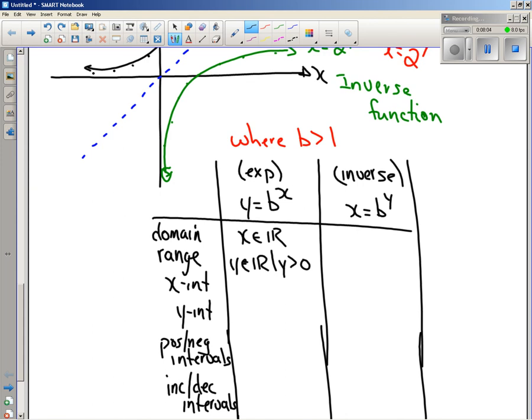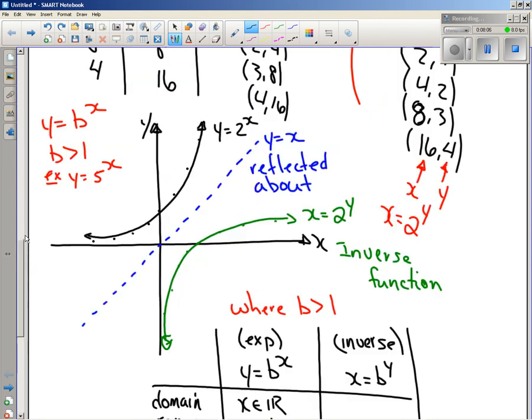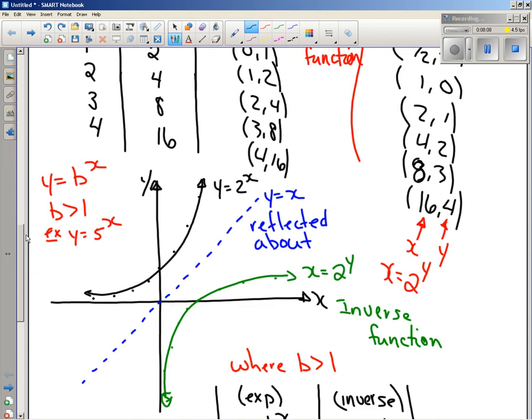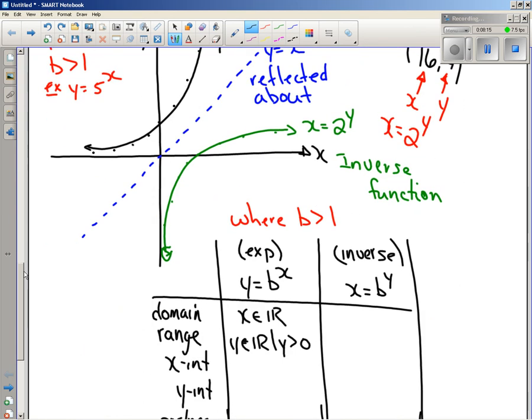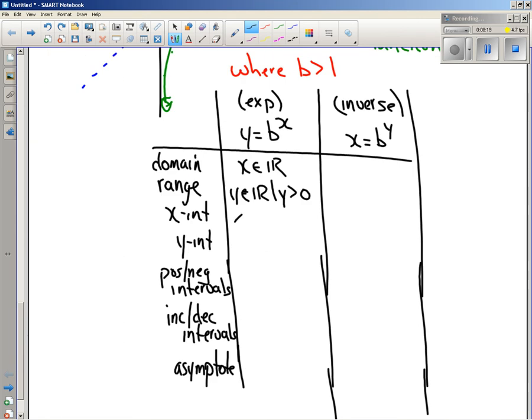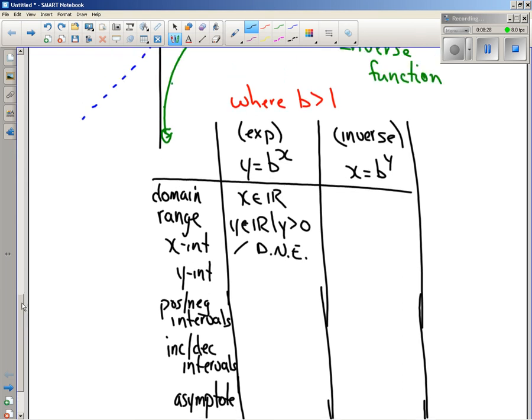Is there an x-intercept for our black line, 2 to the power x? No. If our range is greater than 0, always positive, it's not actually going to cross that x-axis. So we can say the x-intercept does not exist. Okay. What about our y-intercept?